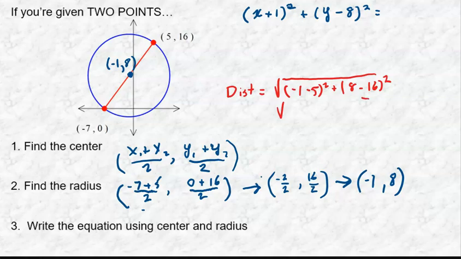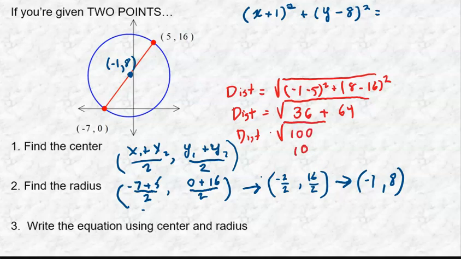So I am going to end up with what looks like 36 plus 64, which then looks like the square root of 100, which would give me 10, which then I guess I would square again and get 100 here.